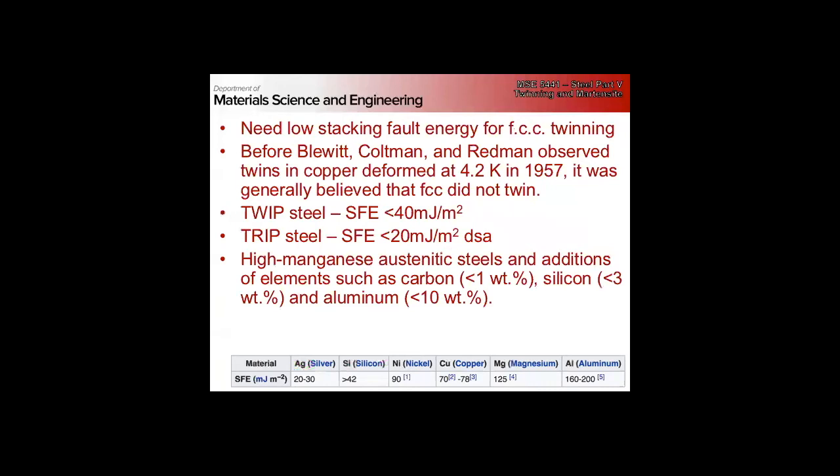It has to be an area. Okay, so steels that undergo twinning have less than 40, right? So we need fairly low stacking fault energies for twinning.